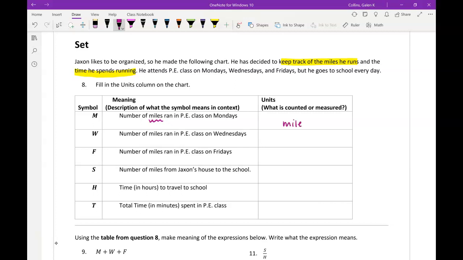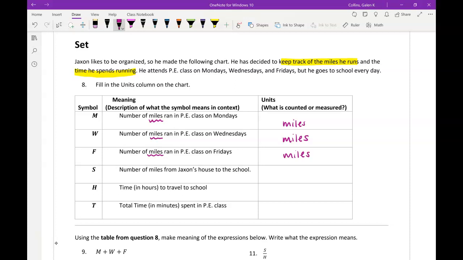The thing that's being measured is distance, but the units in which we're measuring distance are miles. So for W, number of miles ran in PE class on Wednesdays. And for F, the number of miles ran in PE class on Fridays. So far, those first three symbols or letters or variables represent miles or distance in miles.